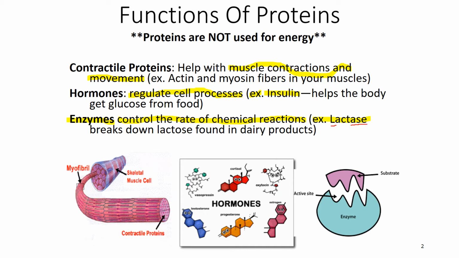A lot of our enzymes, not all of them, but a lot of them end in ASE. A lot of our sugars end in OSE. So the lactase breaks down lactose. And you can see our OSE on our milk sugar over here. Lactose. Just like glucose, sucrose, fructose. We've talked about all of those.